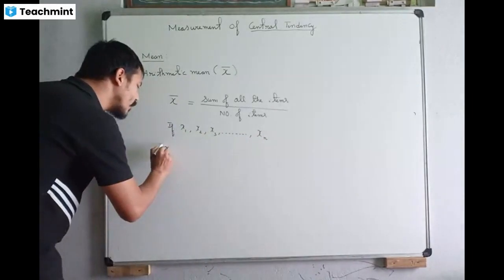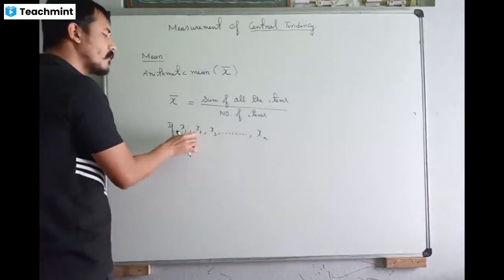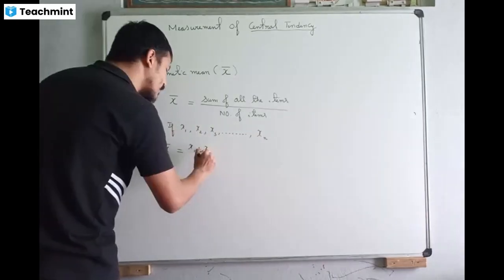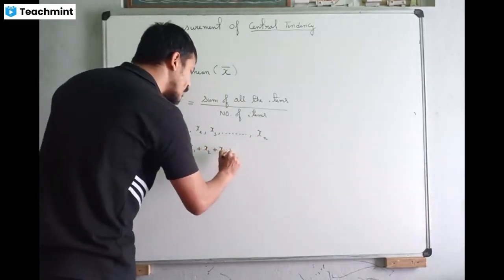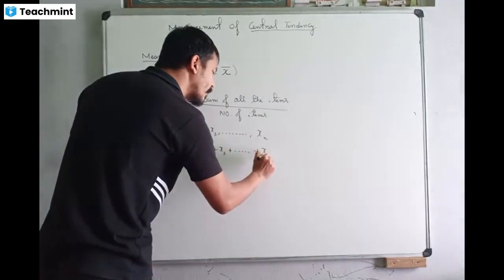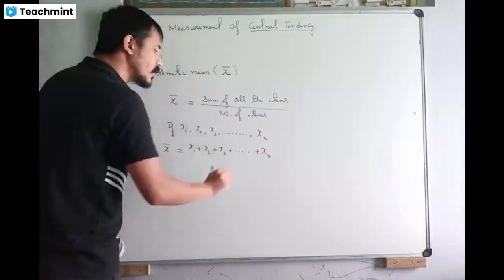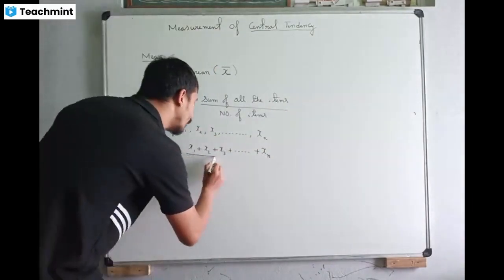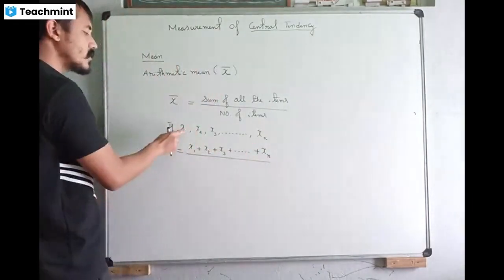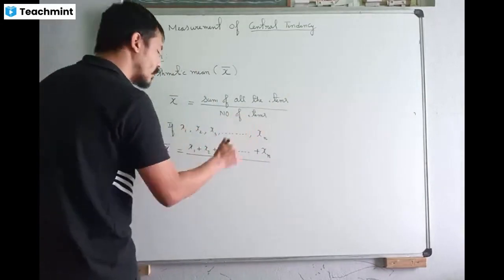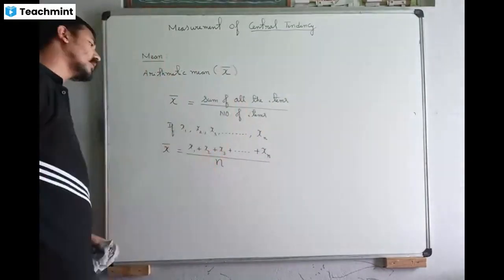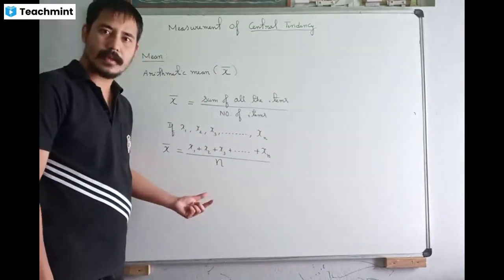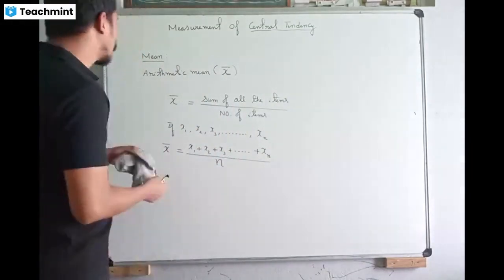Then your arithmetic mean will be given by the sum of all the items, x1 plus x2 plus x3 and so on, you keep on adding up to xn, divided by the number of items, that is 1, 2, 3 up to n. So you have n number of items. That is how we can express it mathematically.